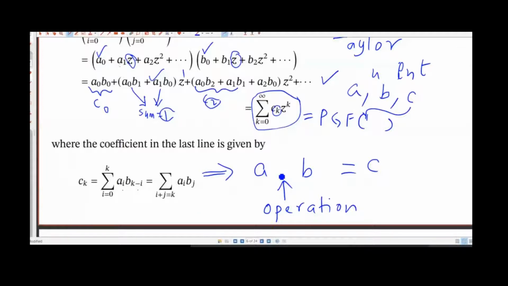In signals and systems, you have seen this. Here's the problem with notation. Yeah, so you're not happy with notation.